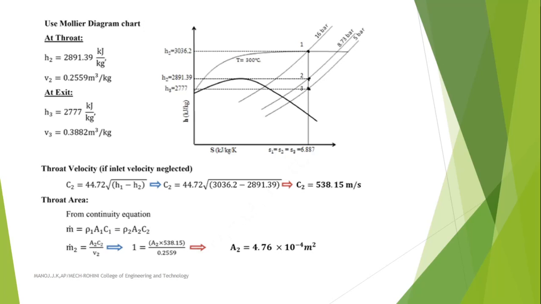Therefore, the mass from the inlet to the exit remains the same here: 1 kilogram per second, as given in the problem. A2 we are going to find, and the C2 value and V2 value we found in the previous steps. By substituting all the values, we found A2 is equal to 4.76 into 10 to the power minus 4 meter square.